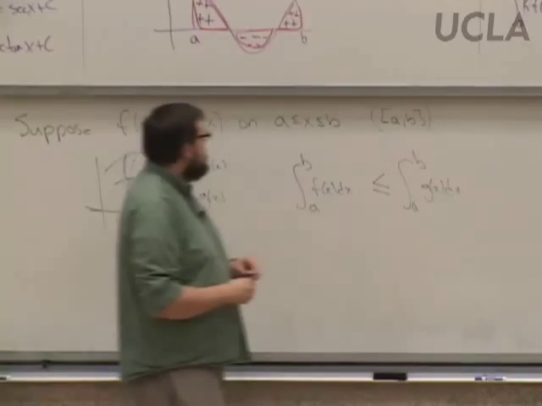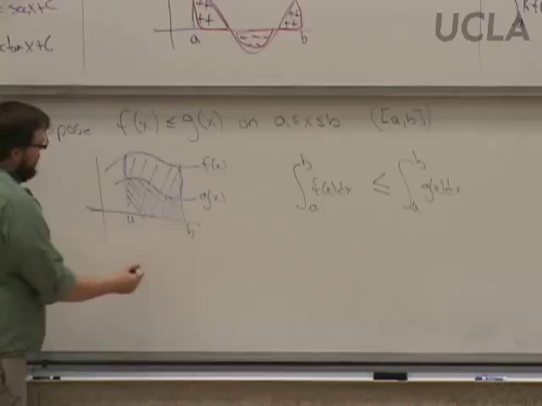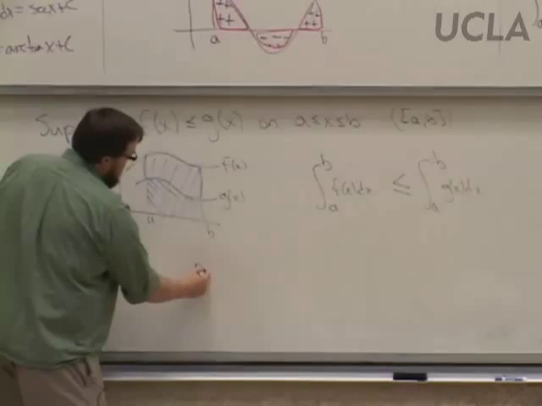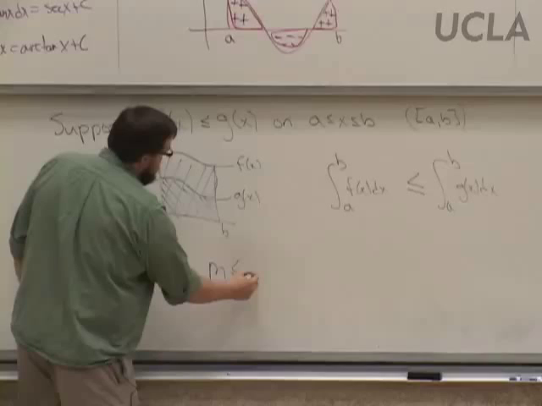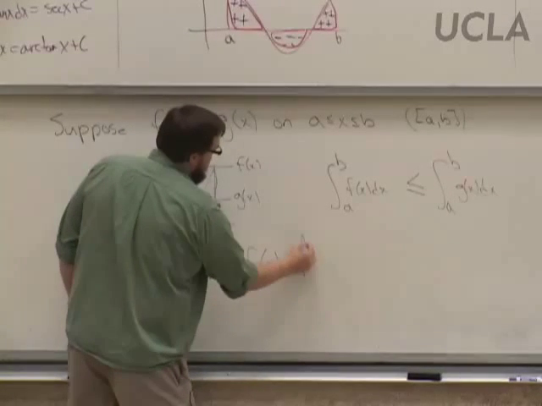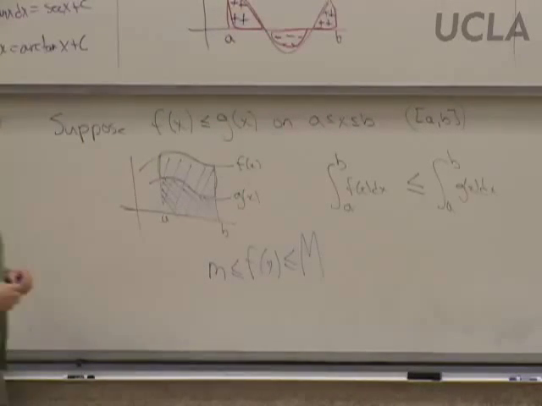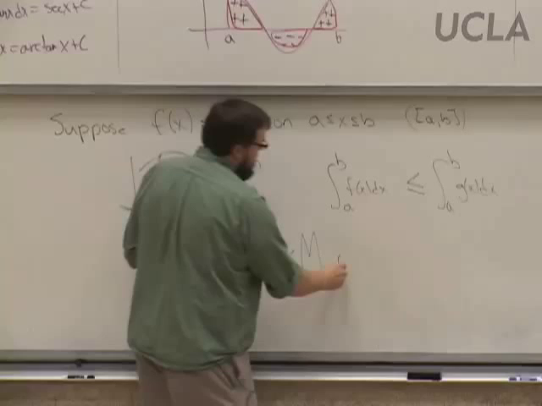Now, as a special case of this, we have the following. Suppose I have some constant m, lowercase m, that is less than or equal to f of x, and uppercase M is greater than or equal to f of x, again between a and b.